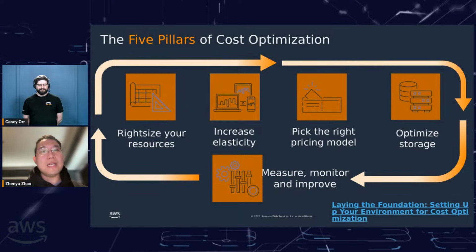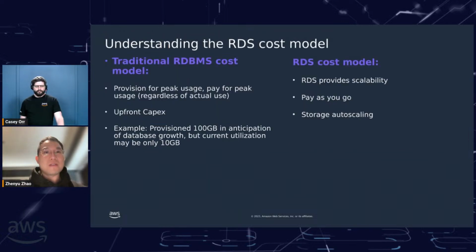Before we actually start the cost optimization, another thing we need to talk about is to understand the cost model of cloud compute of AWS, because traditionally, particularly from the DBA or the developer's perspective, the cost is already provisioned.